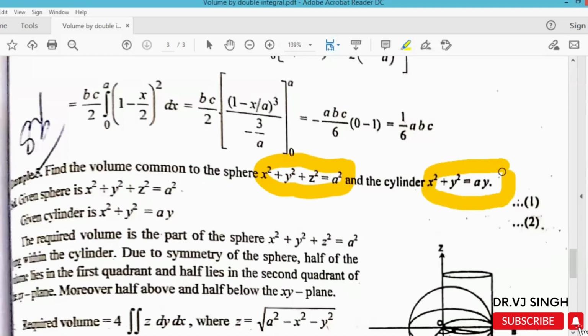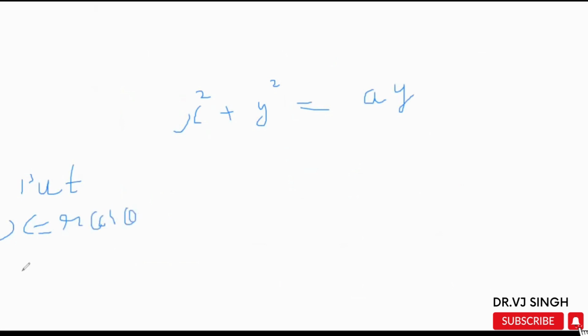This is a circle: x square plus y square equal to ay. Simple method: put x equal to r cos theta and y equal to r sin theta.